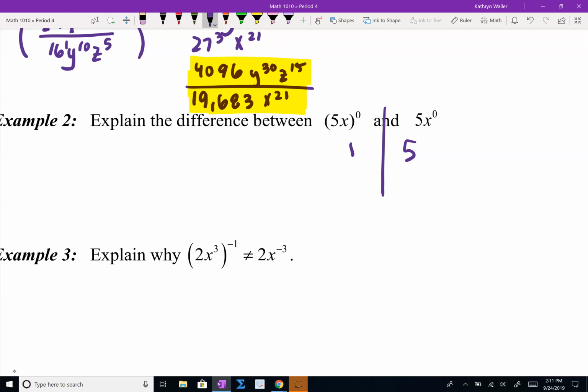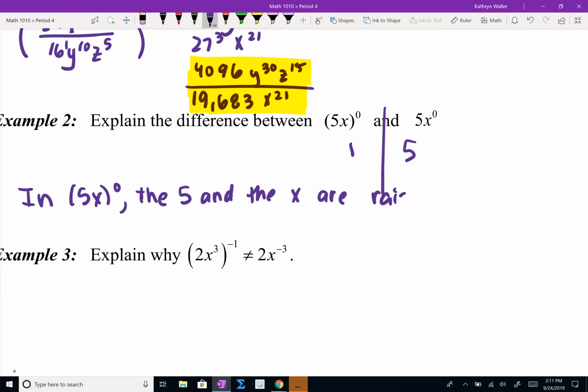Okay, beautiful. So we're going to say it like this. In parentheses 5x to the 0, comma, the 5 and the x are raised to the 0 power.